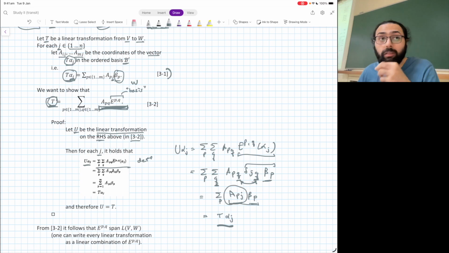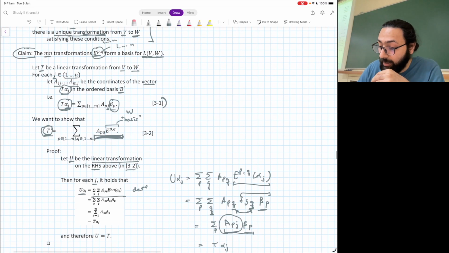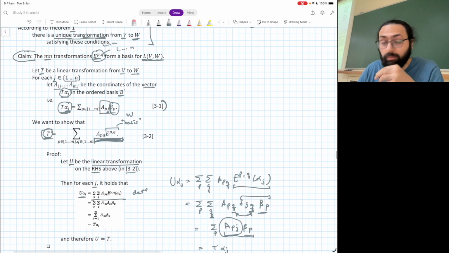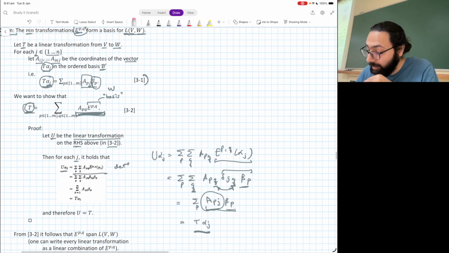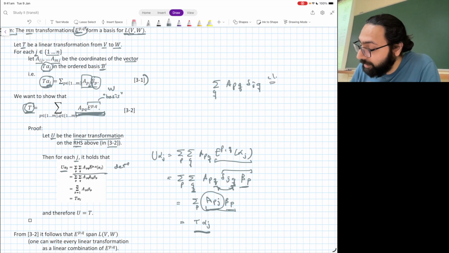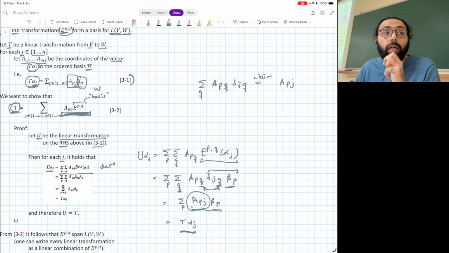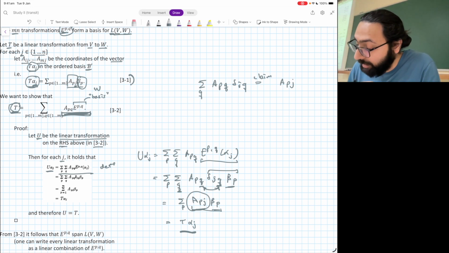APJ, this. So A, remember, are just these coefficients that we already introduced. So it's just a scalar. And here what we're saying is APQ delta JQ, sum over Q. I was claiming that this is the same as APJ. Why that is, you can just use the definition and expand.